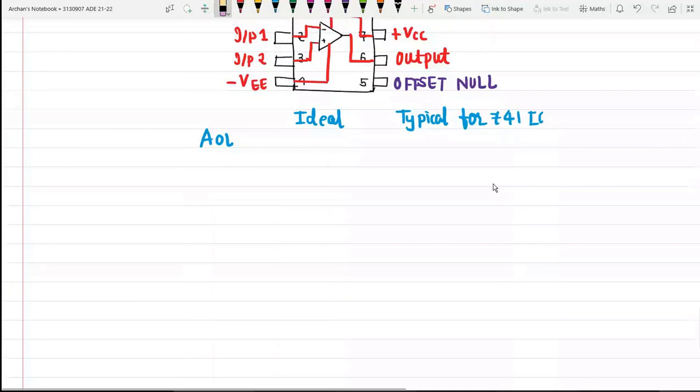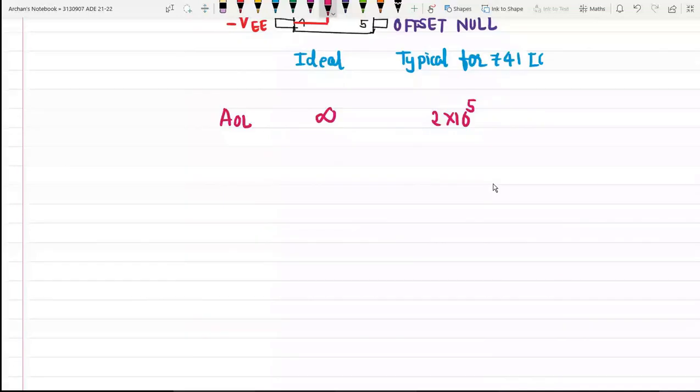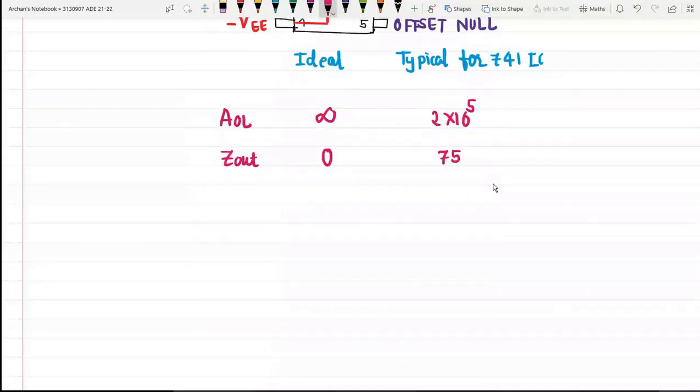Now open loop gain AOL, ideal value is infinite and typical value is 2 into 10 raised to 5. Then output impedance Z out will be equal to 0 for ideal value and it is around 75 ohm for IC741. If we talk about input impedance, ideally it should be infinite, but practically it has a value of 2 mega ohm.